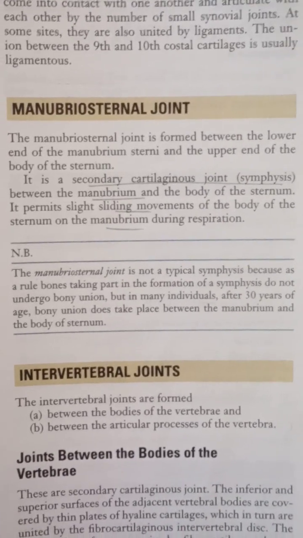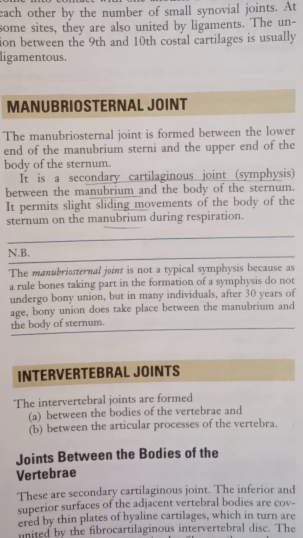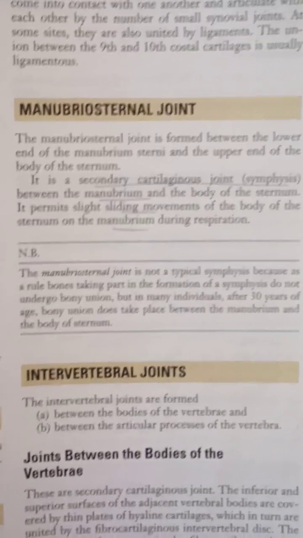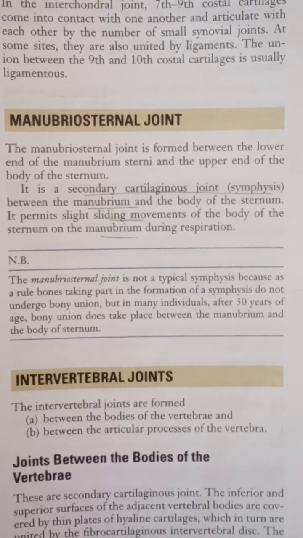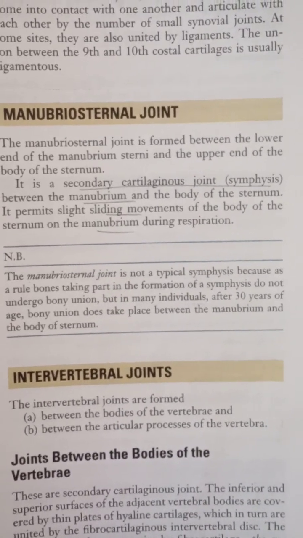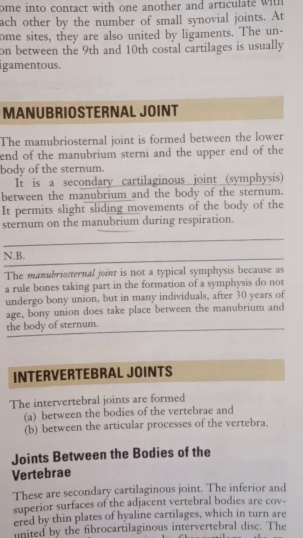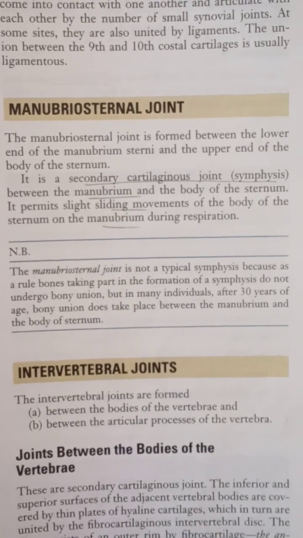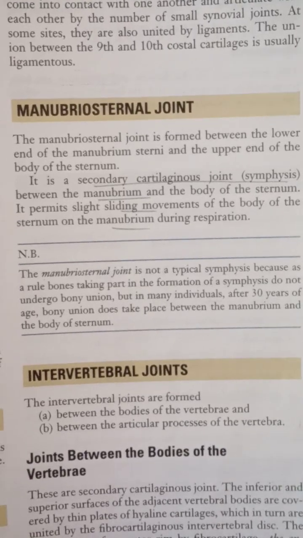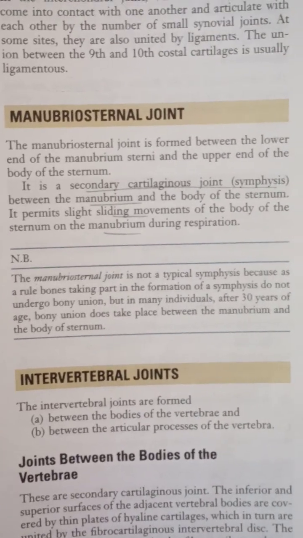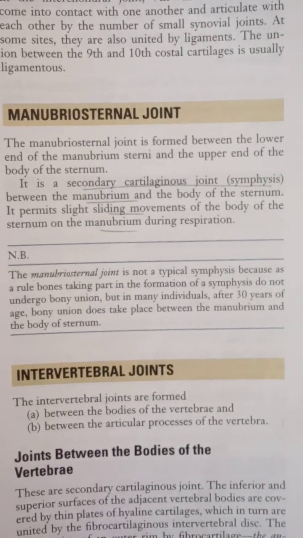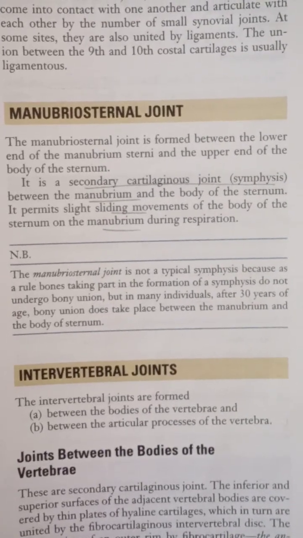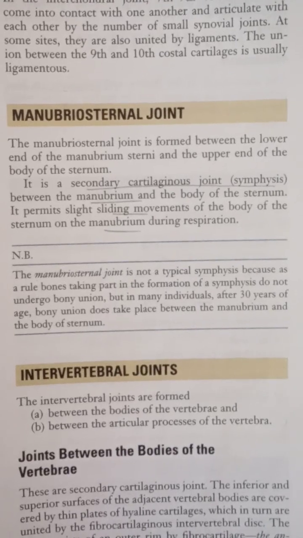But in many individuals, after 30 years of age, bony union does take place between the manubrium and the body of the sternum. In a symphysis the bones will not undergo bony union, but here it does, so we say it is an atypical symphysis.